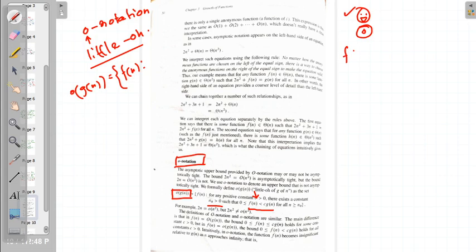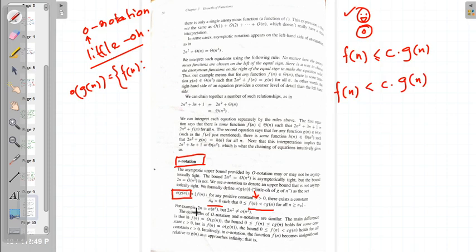So in the big O notation we have f(n) less than or equal to c times g(n), and here it is strictly less than c times g(n).